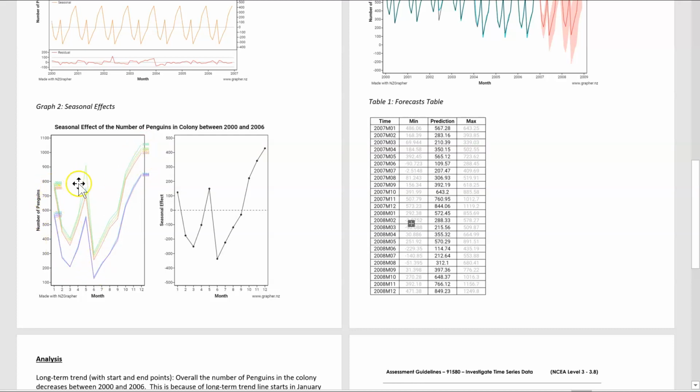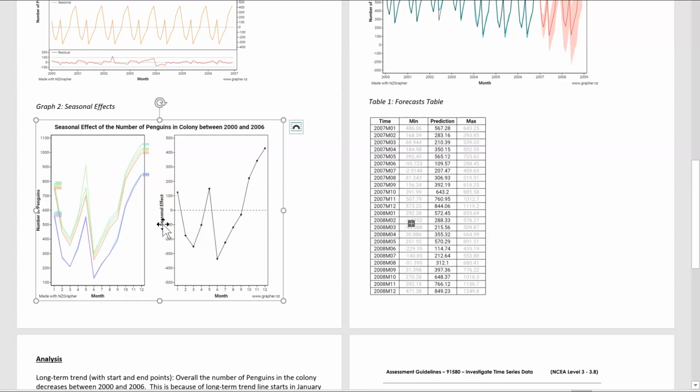And we can see each year follows a pretty consistent pattern. And what this graph does, it averages the points in January to tell us that on average, it's about 125 over the trend line. And what we're going to do is use the averages on the right-hand side just to discuss the seasonal effects of the penguins.